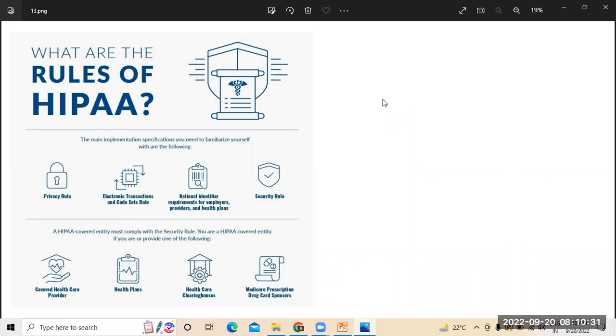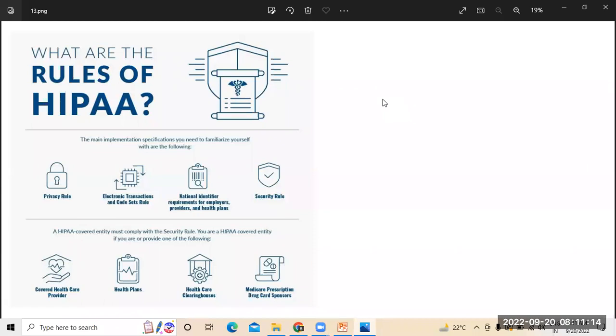Third point, national identifier requirements for employers and providers, followed by the kind of health plans we provide. At the same time, the security rules covering healthcare providers, health plans and insurance organizations, healthcare clearing houses, followed by Medicare related prescription drugs.